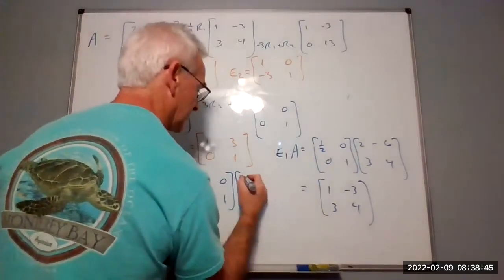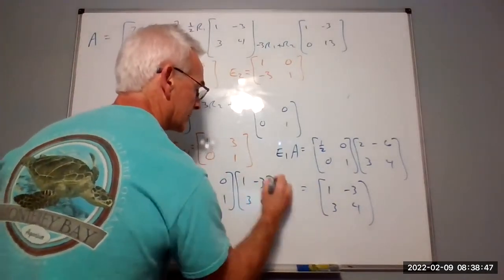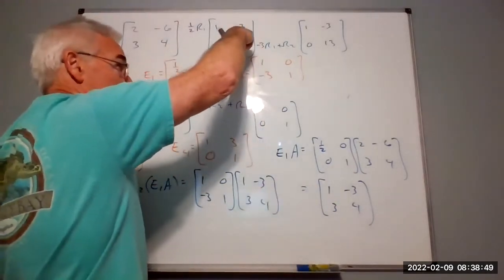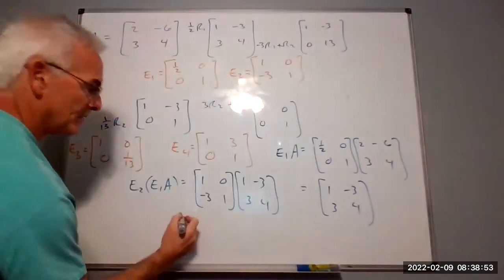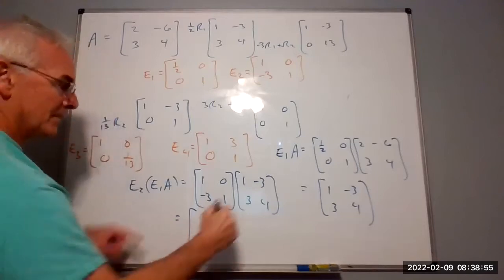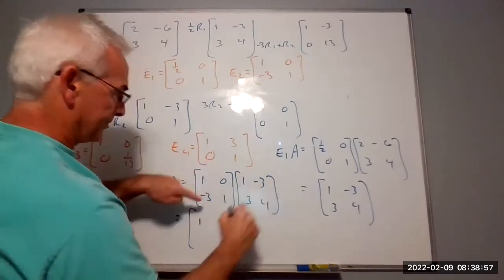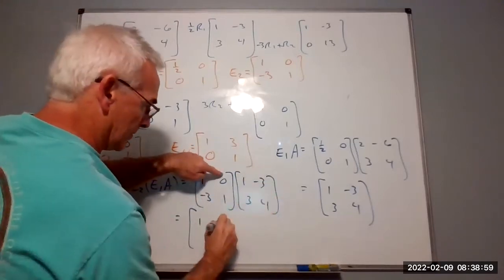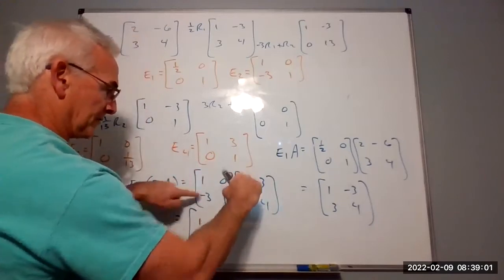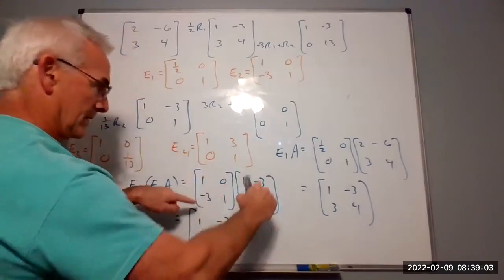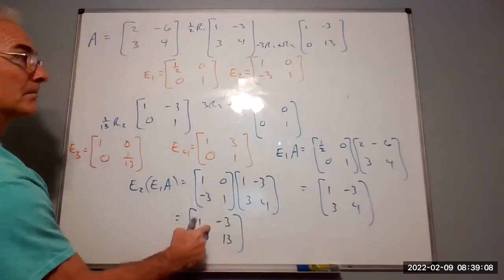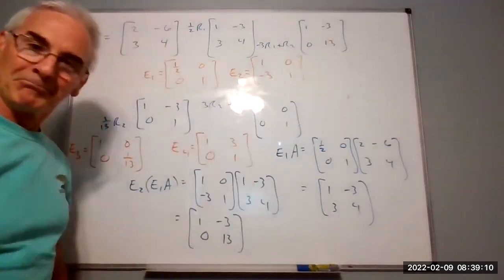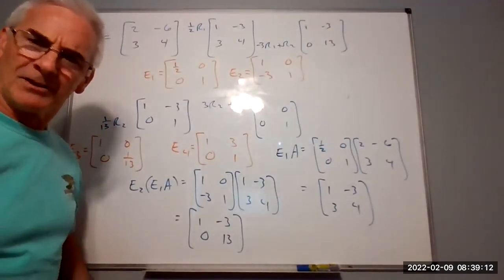And I'm going to multiply it by this result because that's where we are in the problem. Now, when I do that row operation, I'm going to get this matrix. What if I do this as a matrix multiplication? 1 plus 0, -3 plus 0, -3 plus 3, 9 plus 4.